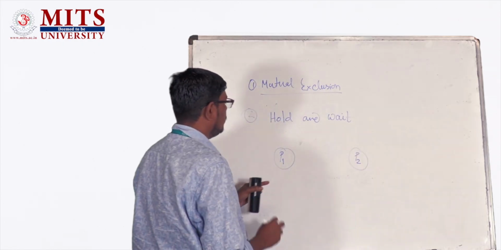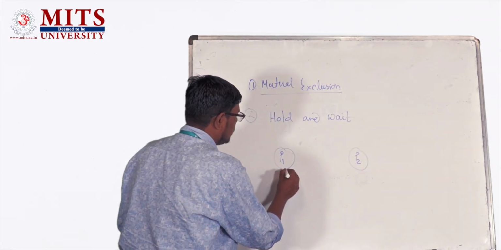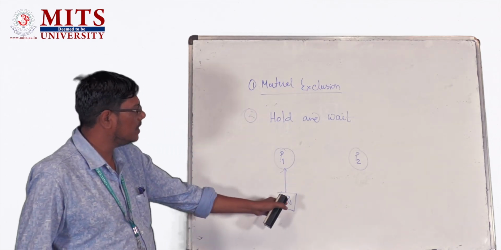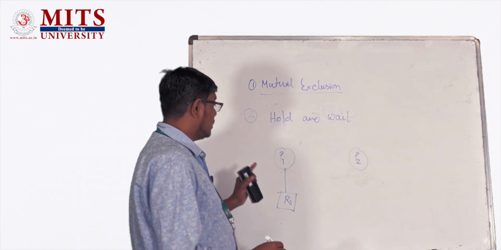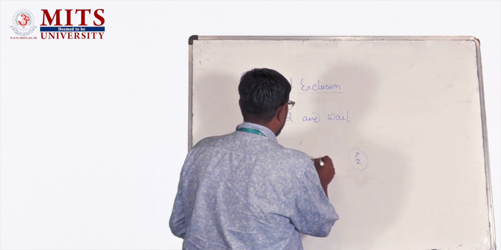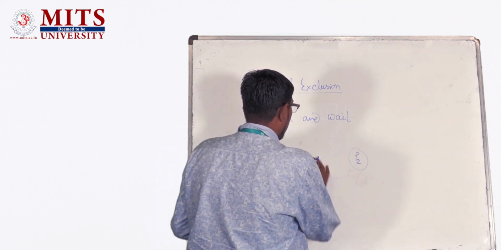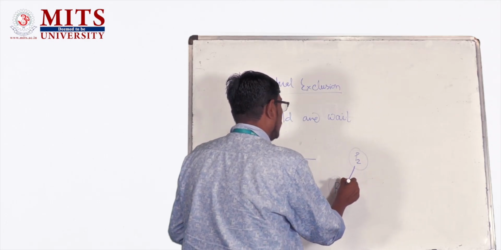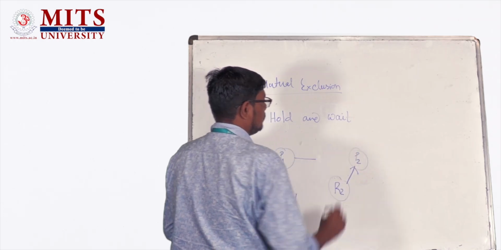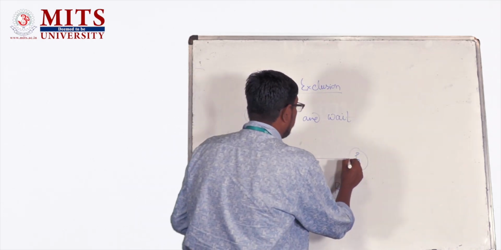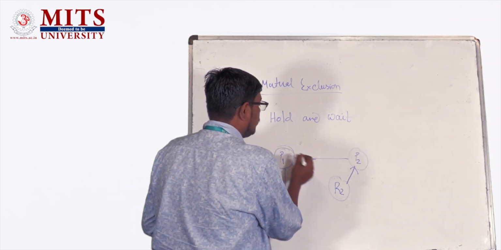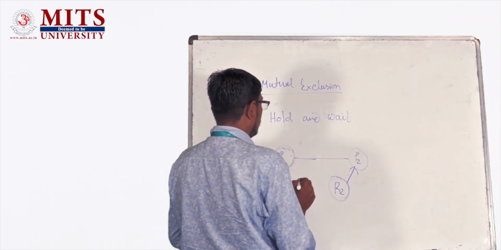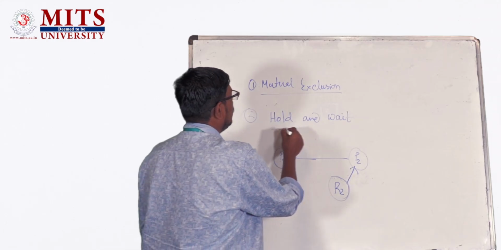Process P1 holds a resource R1, but it wants another resource R2, but somehow this R2 is held by the process P2. So P1 cannot complete without R2. R2 is held by the other process P2. So this condition is called hold and wait.